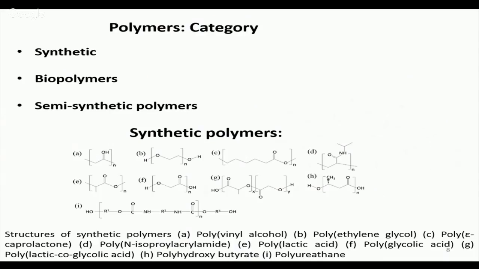So we can see the polymers have different classes. I will not go into the detail of the classes, but I will just focus mainly on a few classes which are important for our biomaterial studies. One is called synthetic polymer. Any example of synthetic polymer?